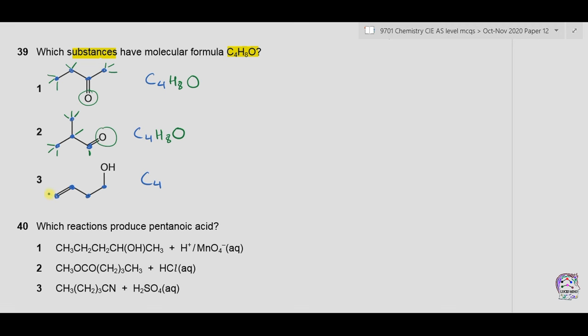In third option, we can see that this carbon is making double bonds, so 2 hydrogen atoms will be bonded. This is making 3 bonds, so there will be 1 hydrogen, 2 hydrogens with this one, 2 with this one, 1 hydrogen is this. So in total we have 8 hydrogen atoms and also 1 oxygen is present. So all 3 options are correct. So the answer is A.